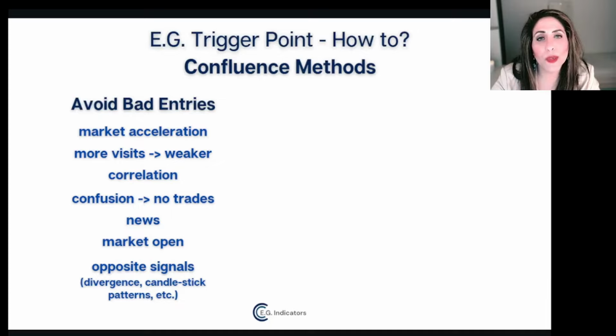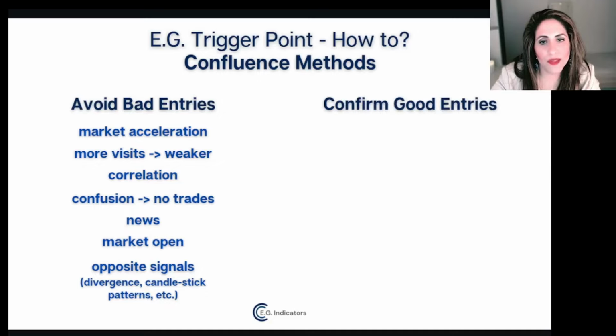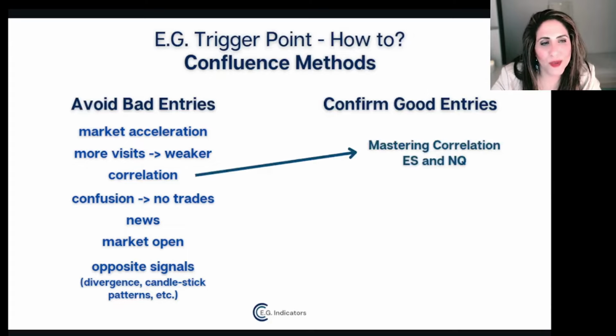It's a disagreement between the price relative to the level and the signal. So basically, opposite signals can also prevent trading of key levels.